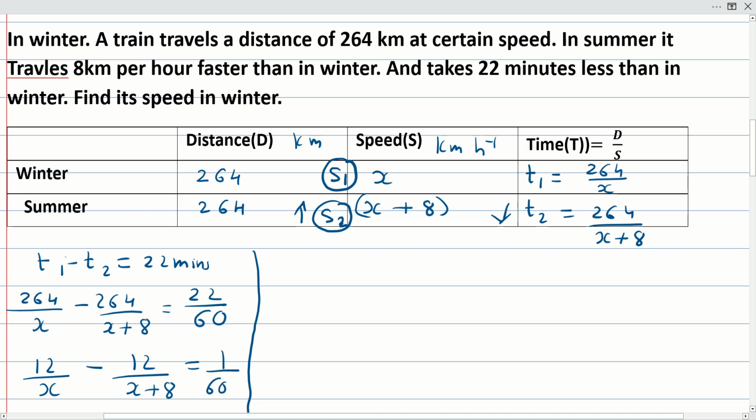Correct, students? So now let us form the quadratic equation. Let us put the equation in the proper format. 12 times (x plus 8) minus 12x upon x into (x plus 8) is equal to 1 upon 60. Now let us work on this.